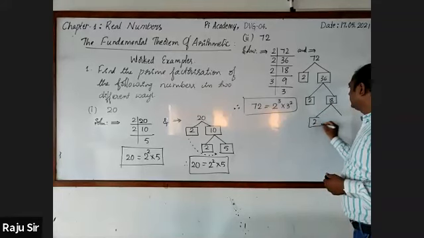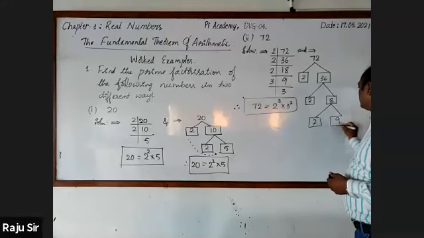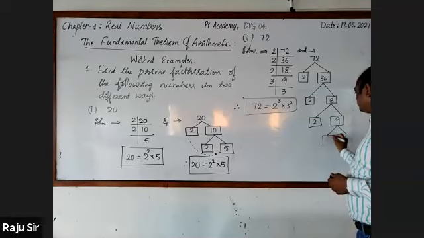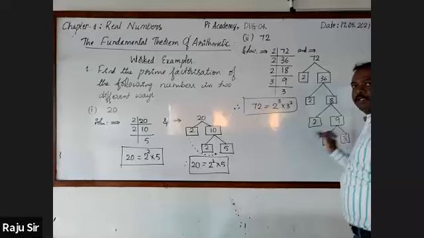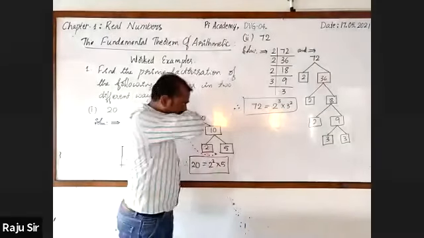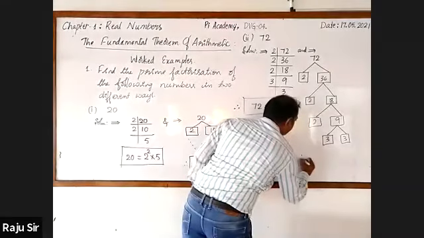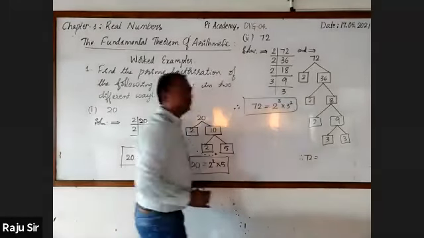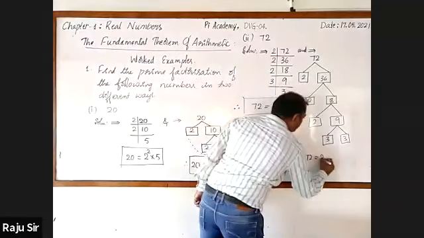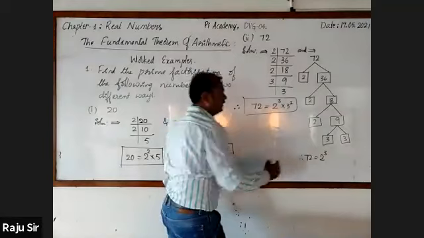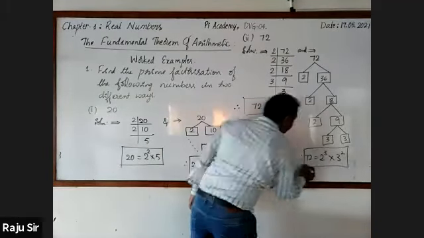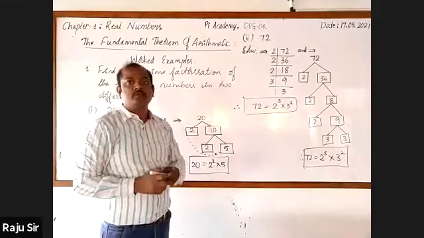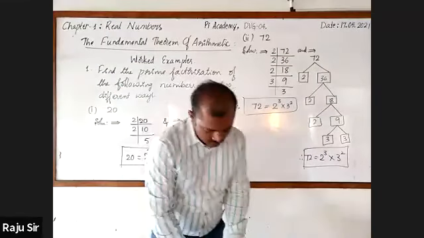Then 18 is there. 2 9s up. Then 9 is 3, 3s up. Conclusion: therefore, 72 is equal to 2 cube into 3 square.